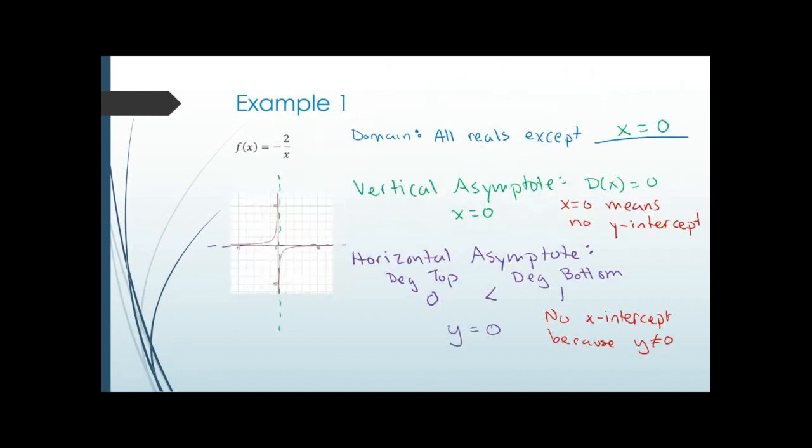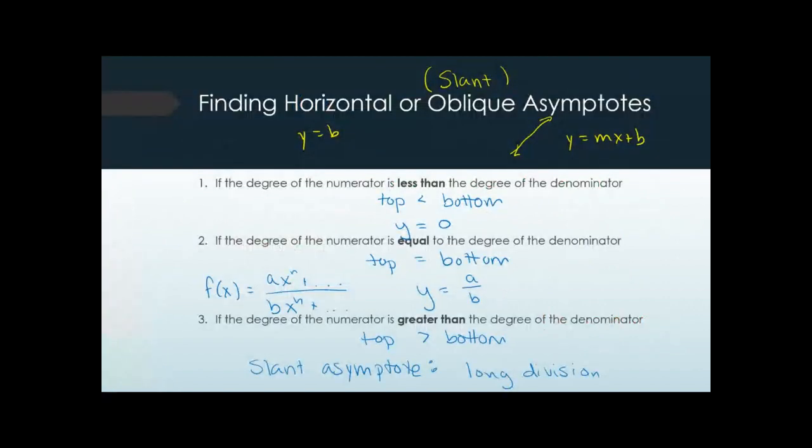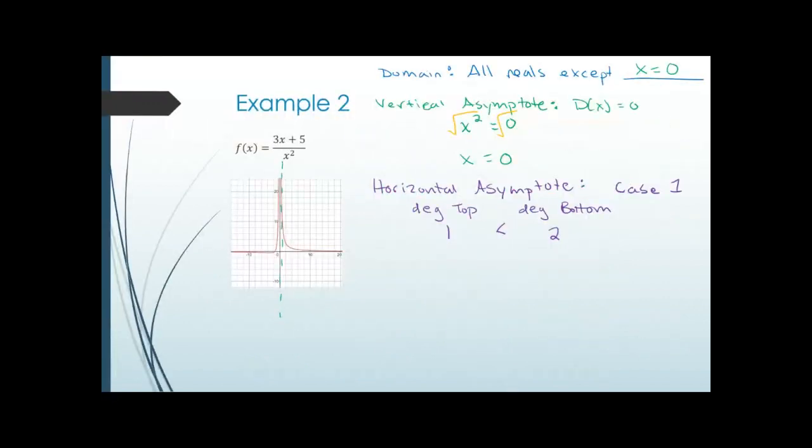Just like on the previous slide, the top was smaller than the bottom. So if the degree of the numerator is less than the degree of the denominator, your horizontal asymptote is always y equals 0. So our horizontal asymptote is y equals 0.